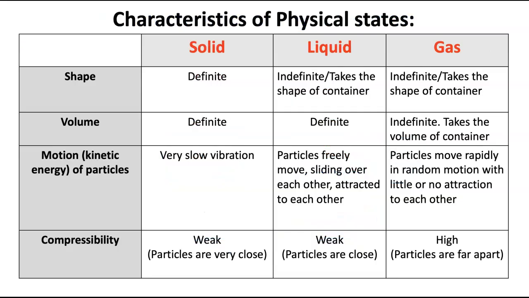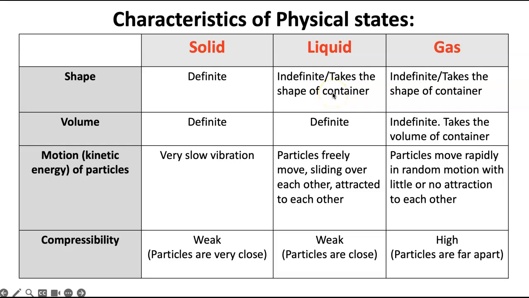Now I want you to write this table down, and here are solid, liquid, gas state characteristics. So the shape of solids is definite, but for liquids and gas it's indefinite. So in gas, it takes the full breadth of the container.